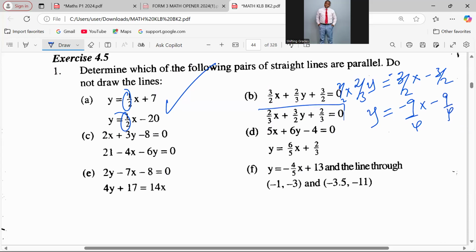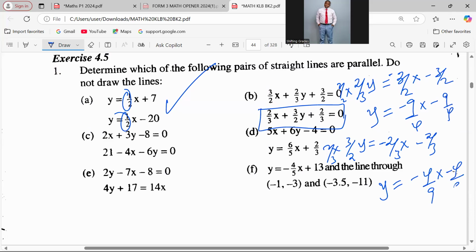And in the second one, can we check whether the gradient is the same? Let's check. 3 over 2 y equals negative 2/3 x minus 2/3. So we have to multiply by 2 over 3 to remain with y. By 2 over 3, negative 4 over 9 x minus 4 over 9.